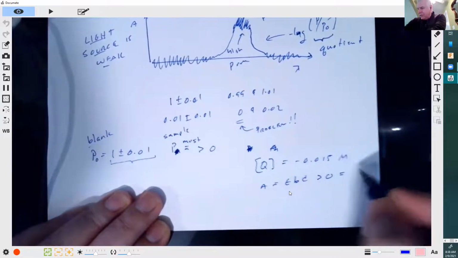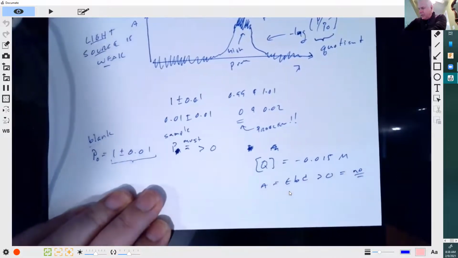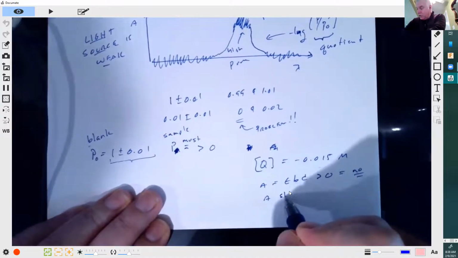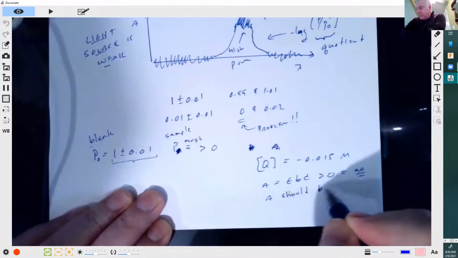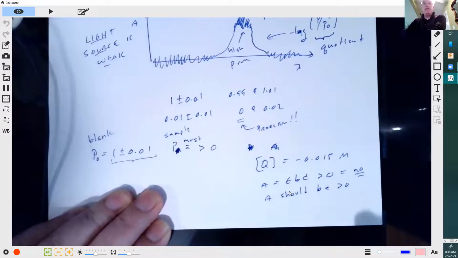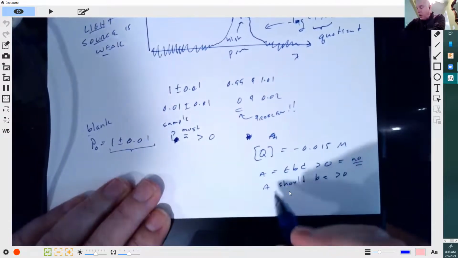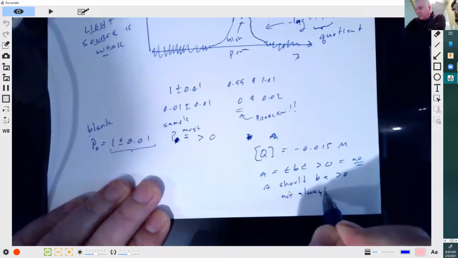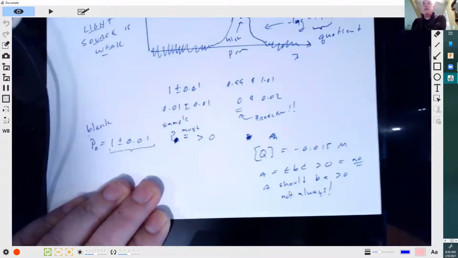And that's actually no. It should be. Absorbance should be greater than 0, but it's not always greater than 0, right?